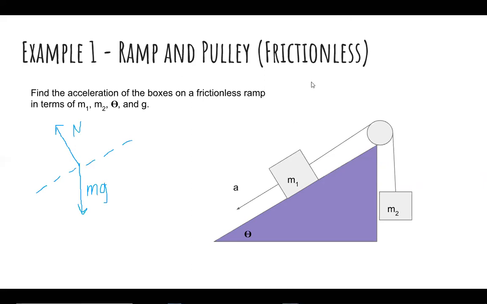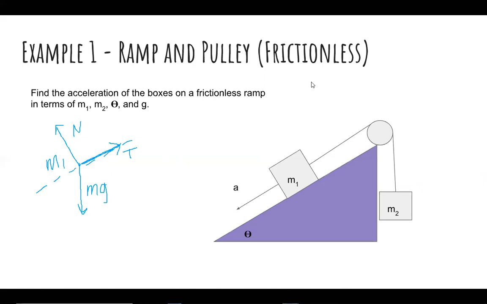We have the tension in the rope, which is pointing up the ramp. And for this example, the ramp is frictionless, so we don't have any friction force. Okay, so that would be our free body diagram for M1.